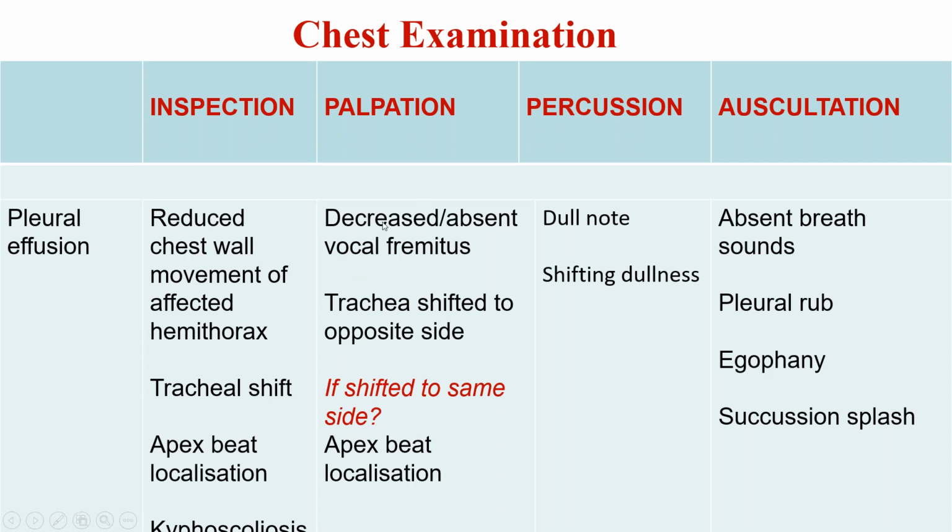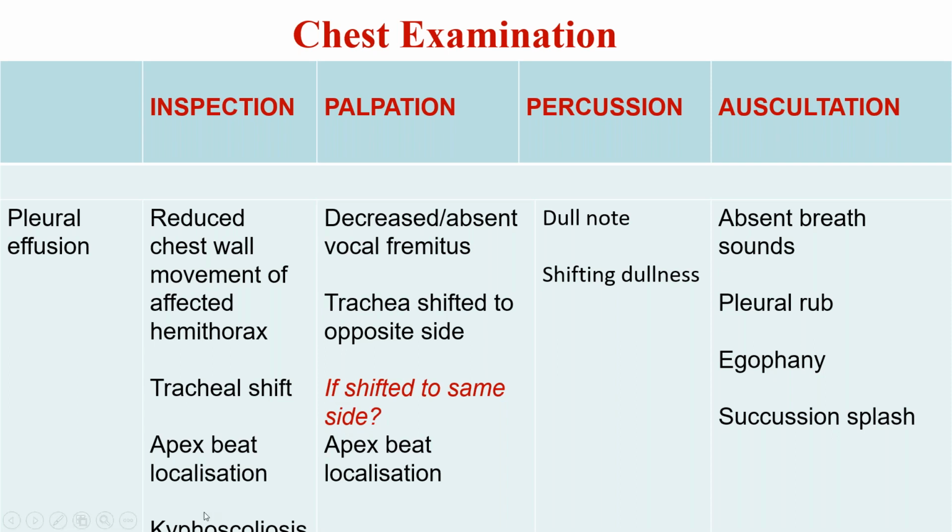On palpation, you will see decreased or absent vocal fremitus, and the trachea shifted to the opposite side. See whether the apex beat is shifted or not. Generally, in effusion the trachea is shifted to the opposite side.